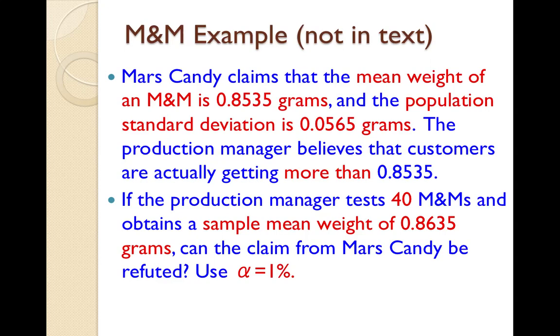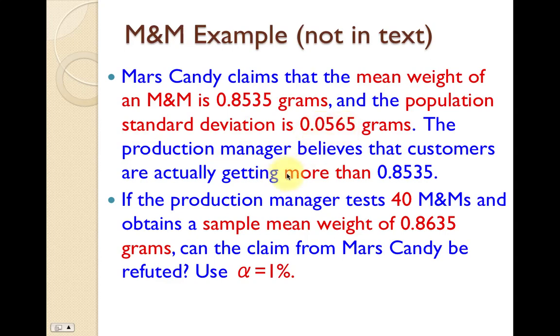So we see those 6 items again that I had told you to read for. The first thing, the population mean is 0.8535. The second thing, the population standard deviation, 0.0565.